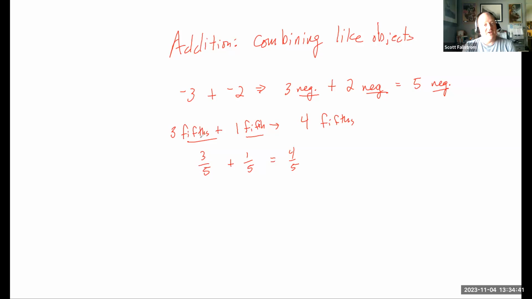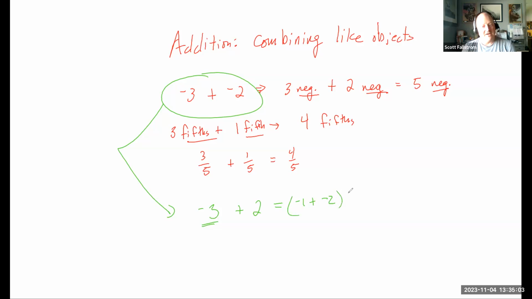Now where do we get into trouble? We get into trouble when we have objects that are not the same. If we were dealing with chapter 5 and we had 3 negatives plus 2 positives, those are not like objects. Then we would have to take the -3 and decompose it into 1 negative plus 2 negatives, and then rewrite, not using addition necessarily.